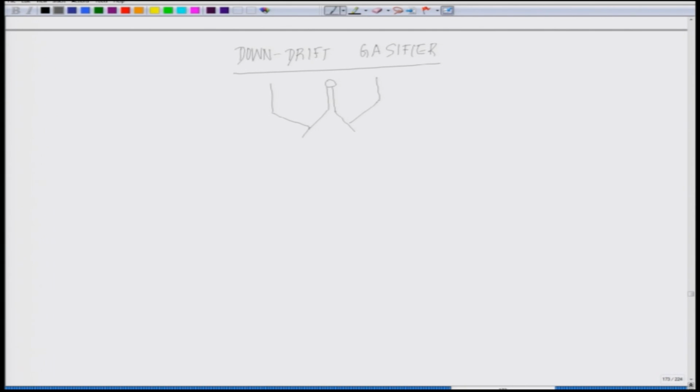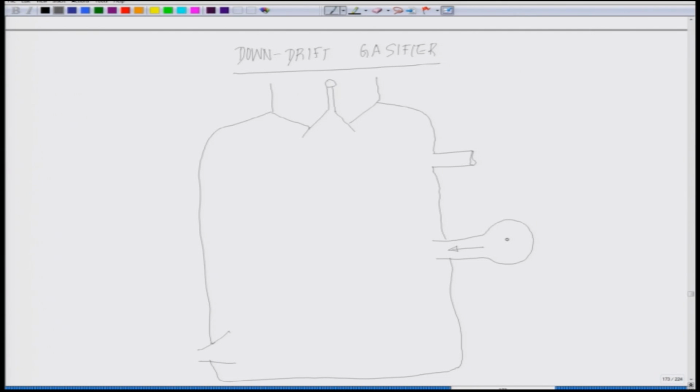Okay. So, here you have, it is not to scale. This is the air port, which is the port for air entry, okay.